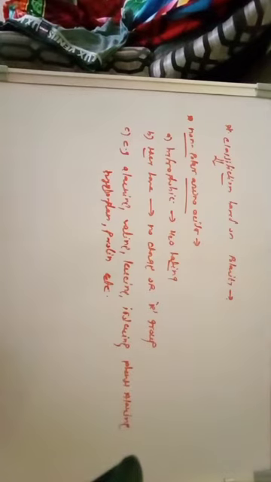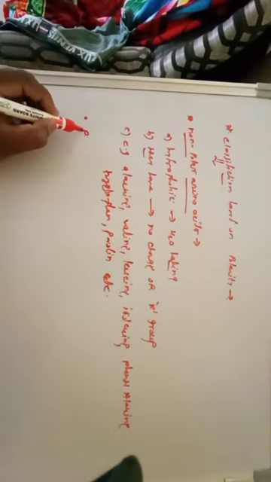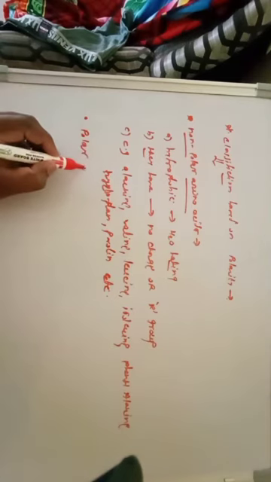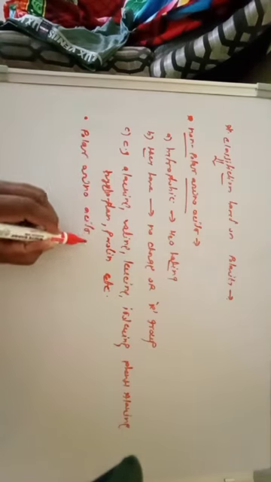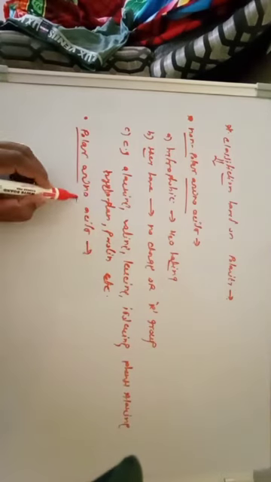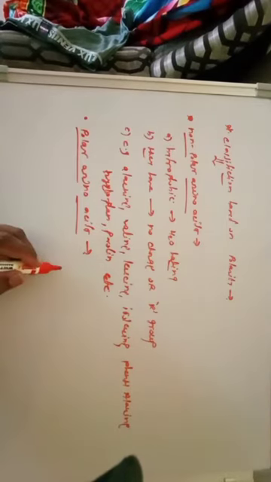Let's discuss the second type, that is polar amino acid. Polar amino acid with R group that does not have any charge.